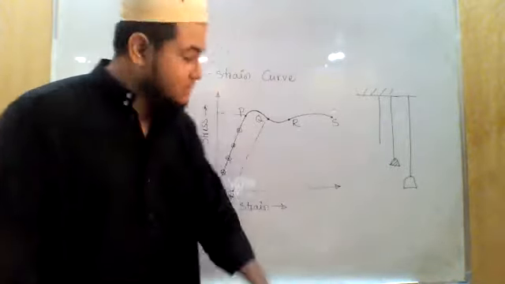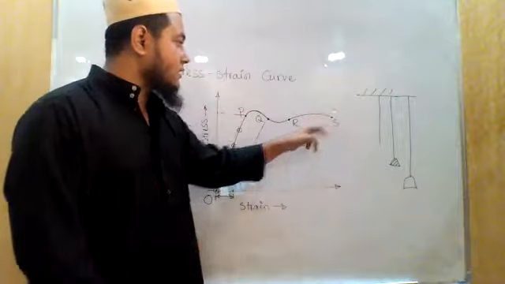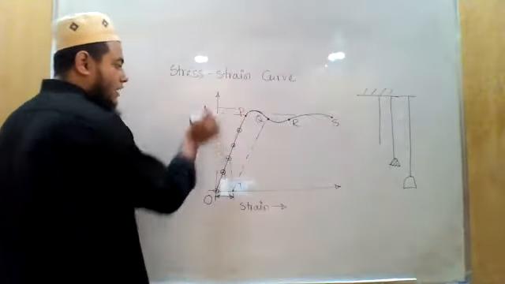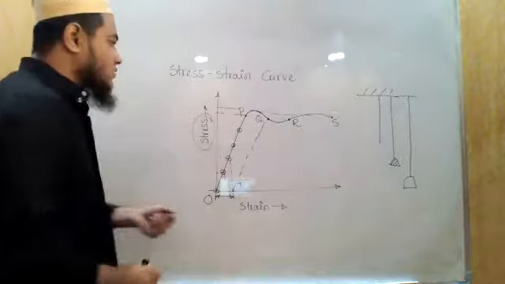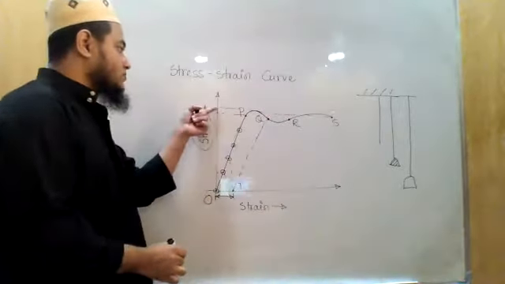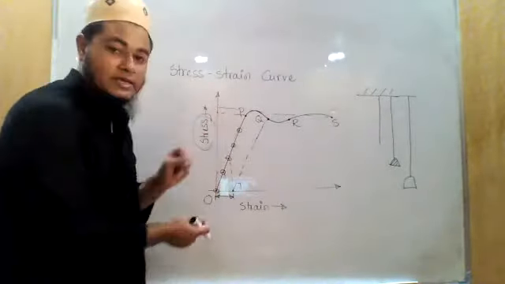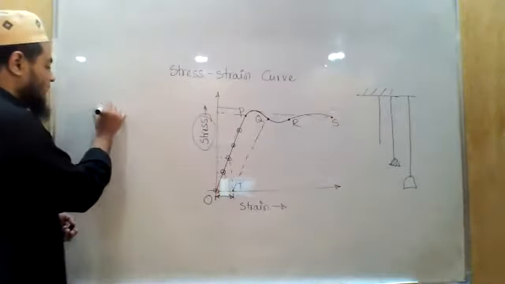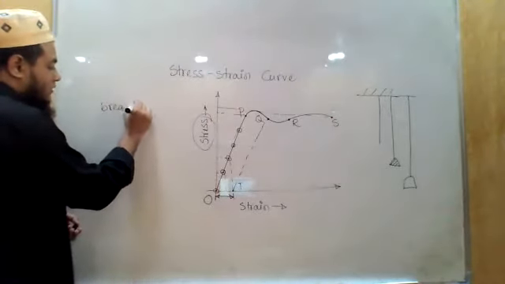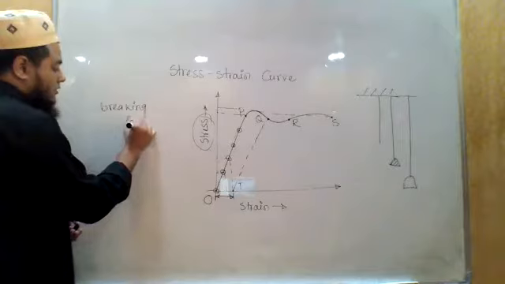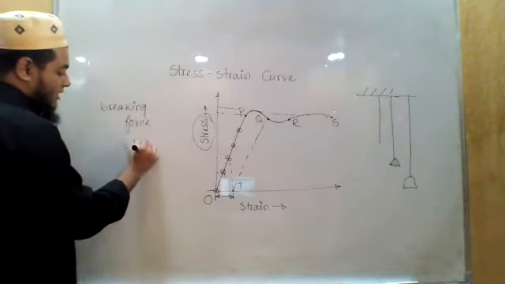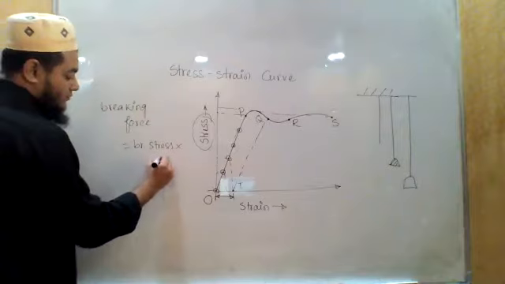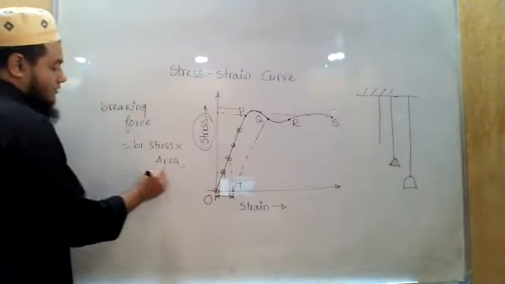So S is the breaking point, and the stress applied at this point, along the y-axis we put the stress, right? So the stress that we apply at S is the breaking stress. If I want to calculate the breaking force from here, I have to multiply the breaking stress with the area of the wire.